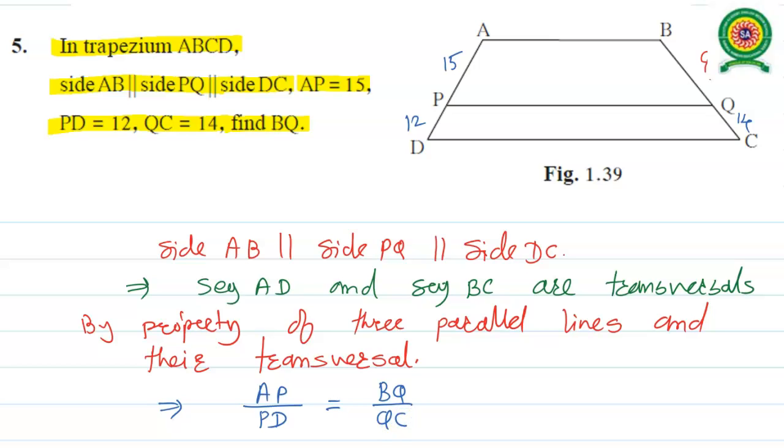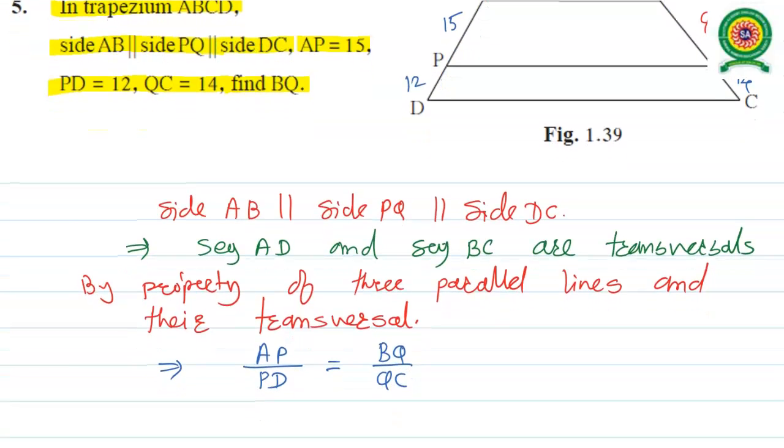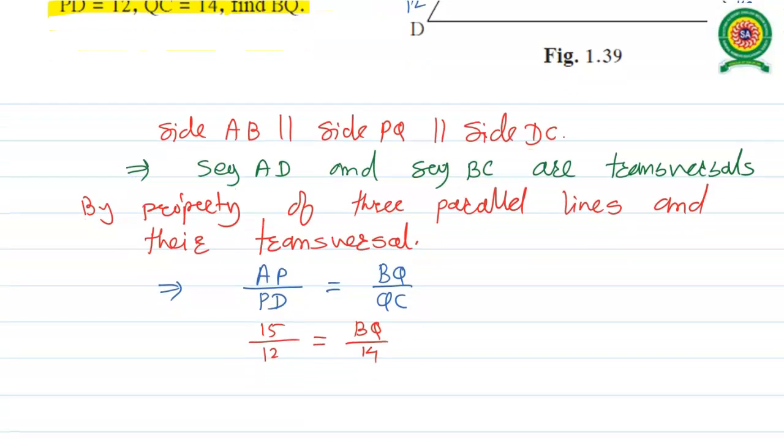Let's substitute the given lengths for segments AP, PD, BQ and QC. AP becomes 15, PD becomes 12, BQ we have to find, and QC equals 14. For finding BQ, shift the 14 from RHS to LHS, so we get 15 into 14 divided by 12 equals BQ.